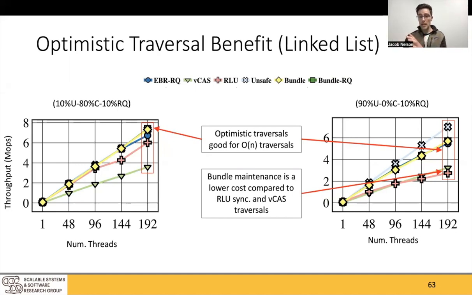In this case, we're able to capture our best possible traversal, and the impact of maintaining bundles and bundle dereferences is relatively low in comparison. Whereas for VCAS, for instance, which replaces links in the data structure as opposed to augmenting them, it pays a cost for every single dereference that it makes.